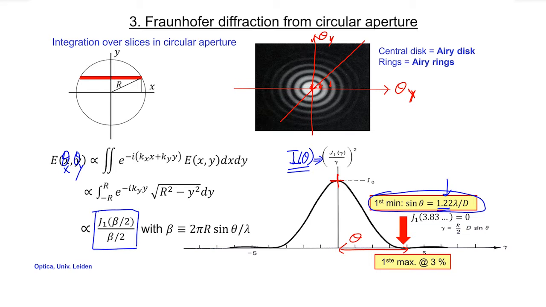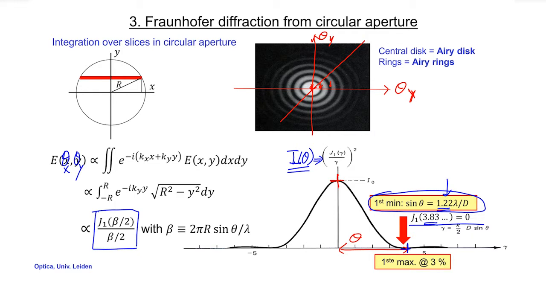Basically, because this first minimum is the first zero of this Bessel function, and that first zero doesn't occur at pi, 3.14, but at a slightly larger value that is 1.22 times larger.